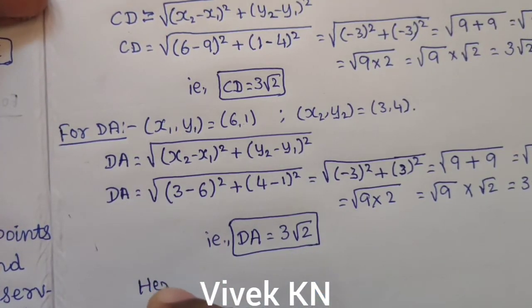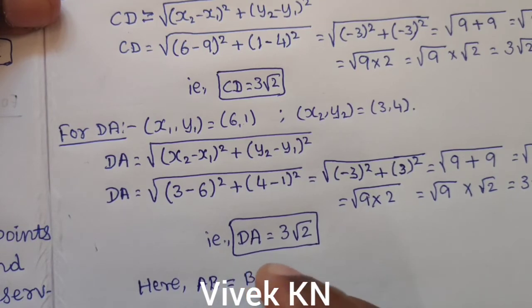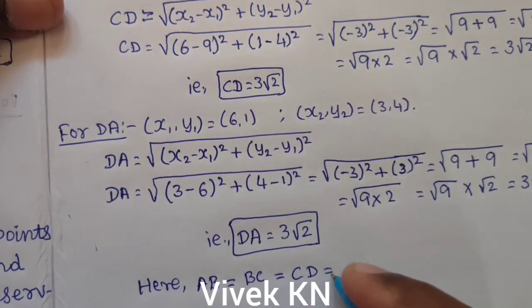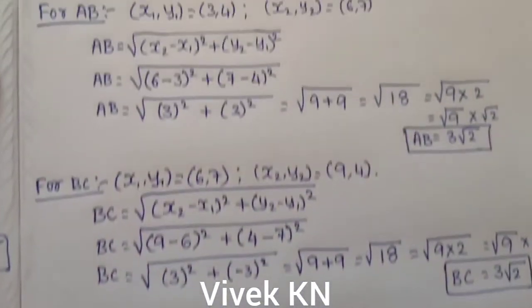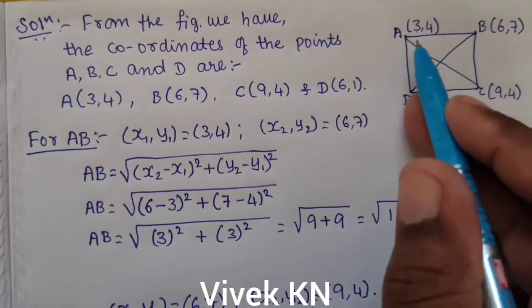That is, the side AB is equal to the side BC, which is equal to the side CD. This is equal to the side DA. That is, all the four sides of this square are equal.